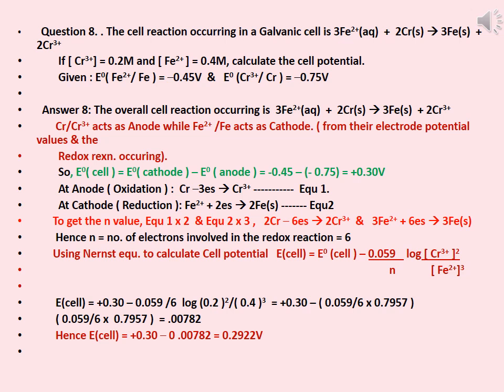Therefore, E cell is equal to plus 0.3 minus 0.00782, which is equal to plus 0.2922 volts. So 0.2922 volts is the cell potential of the given cell.